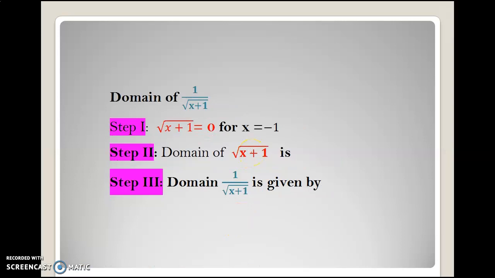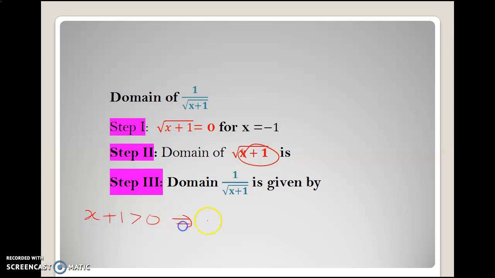Now next is the domain of 1 upon square root of x plus 1. Square root of x plus 1 is 0 for points where x plus 1 is 0, that is x equal to minus 1, and the square root of x plus 1 is defined whenever x plus 1 is greater than or equal to 0, but x plus 1 is not equal to 0, so we take x plus 1 to be greater than 0.